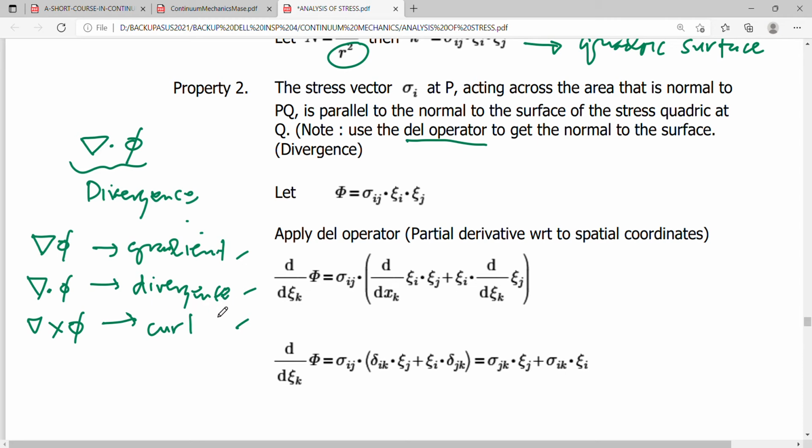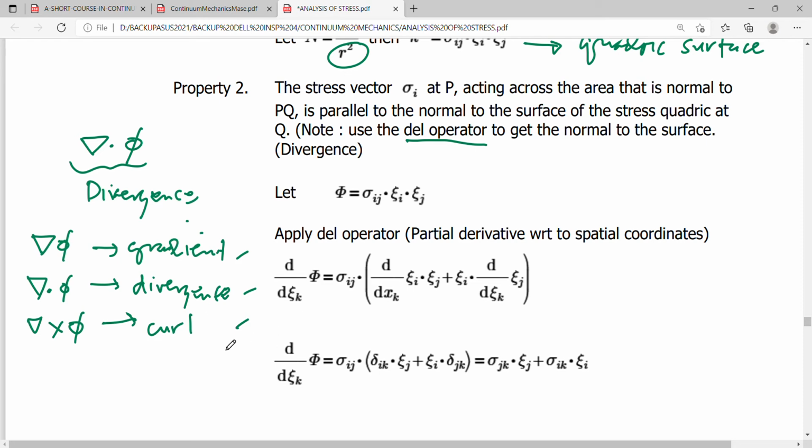Divergence can be attributed physically to a substitution or simply a contraction of two vectors to form a scalar, a simple scalar.